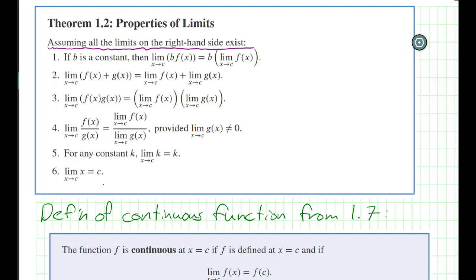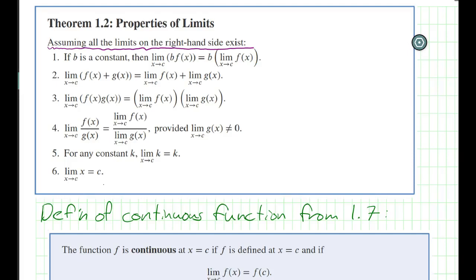So if, for example, for number 1, the limit as x approaches c of f of x exists, then that means the limit on the left side also exists, and it's just equal to b times the other limit.